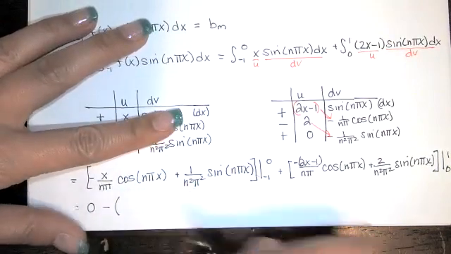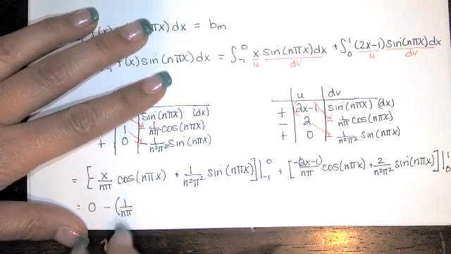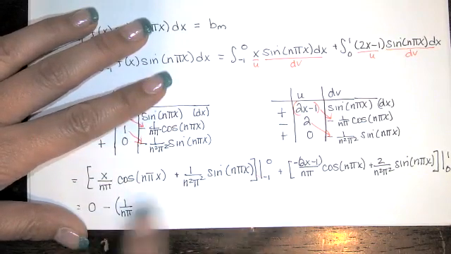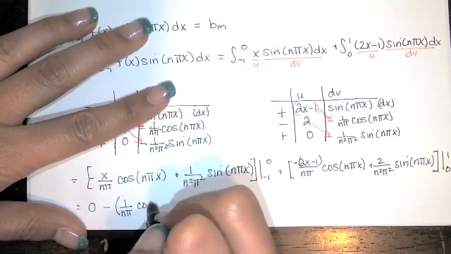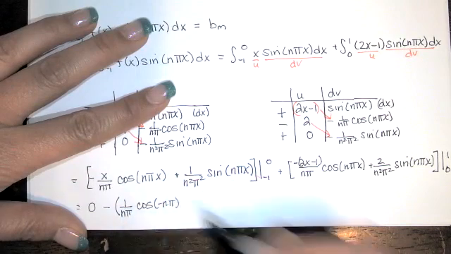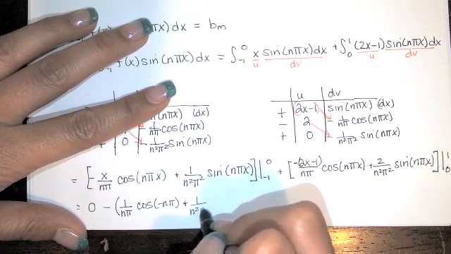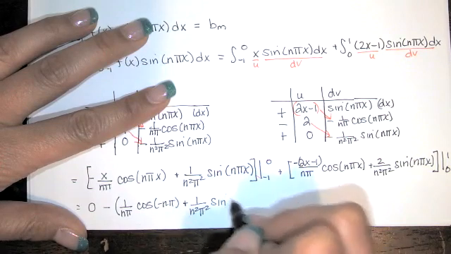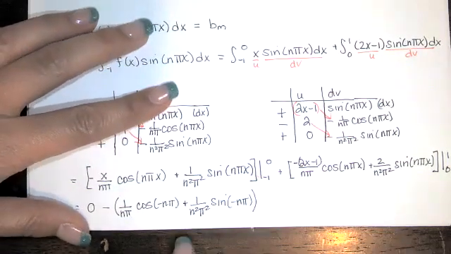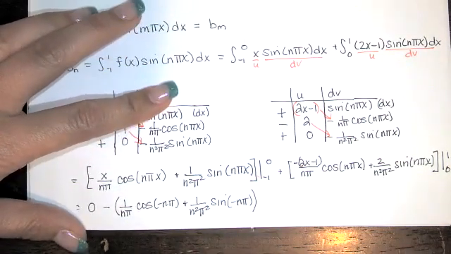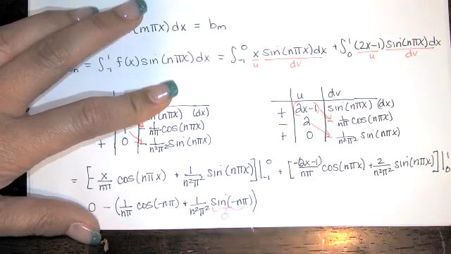That's going to be a positive 1 over n pi, but we're still subtracting that, so that negative still needs to be there, times cosine of negative n pi, which we know is the same as cosine of n pi. And then we have 1 over n squared pi squared times sine of negative n pi. And sine of a multiple of pi, whether that multiple is positive or negative, is going to be 0.